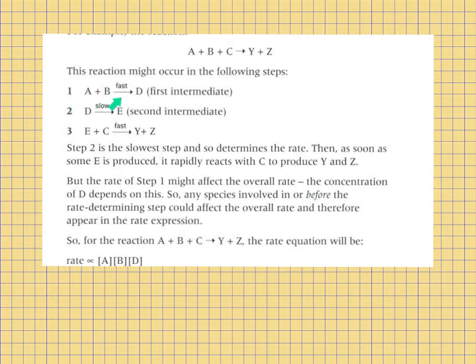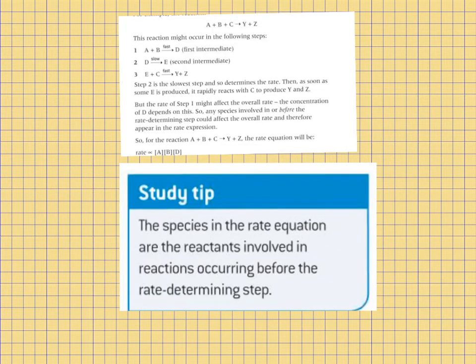Even though this step happened quickly, A and B were needed to produce this intermediate D, and therefore we can deduce that the rate expression for this reaction will involve A, B and D. So the rate will be proportional to the concentration of A, B and D, and because there was 1 mole of each, it's first order with respect to A, first order with respect to B and first order with respect to D.